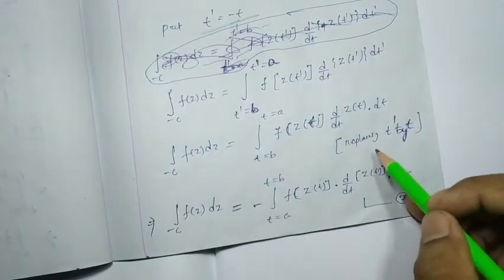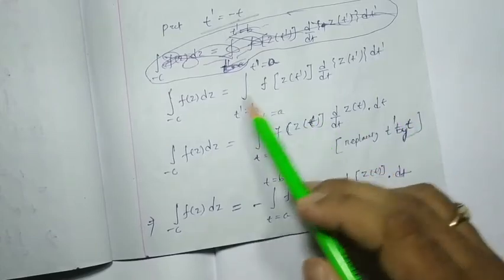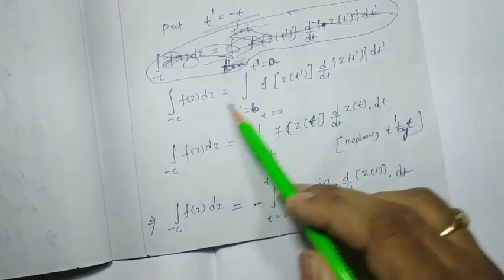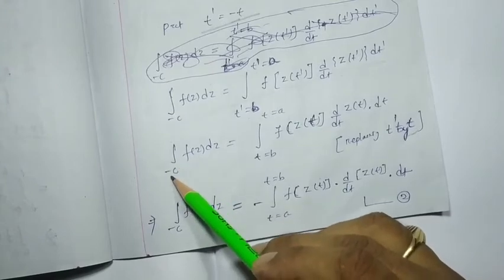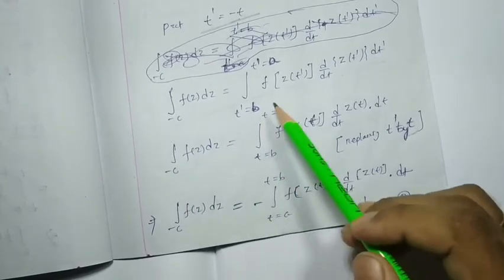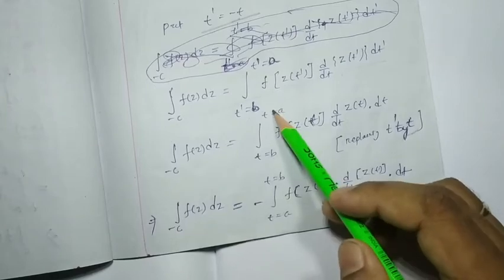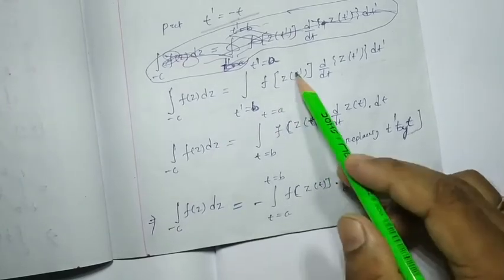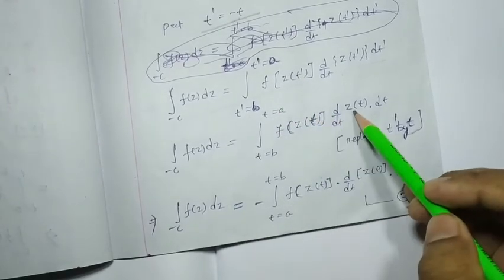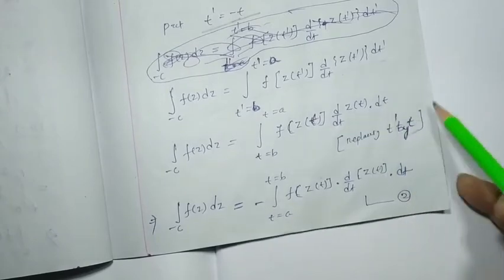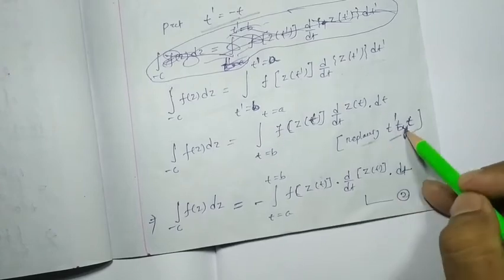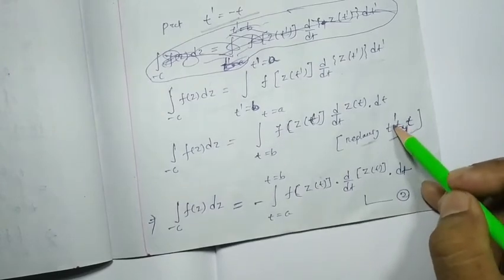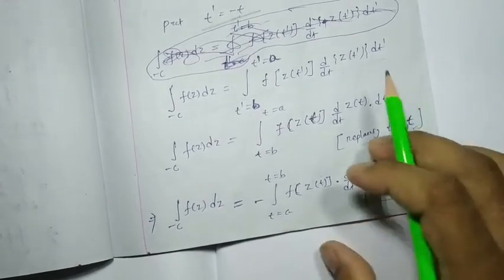Now replacing t dash by t, this whole expression can be written as the integration over minus C of f(z) dz, which is the integral from t equal to b to t equal to a of f of z(t), d by dt of z(t), into dt. As it is a dummy variable, it can be replaced from t dash to t.